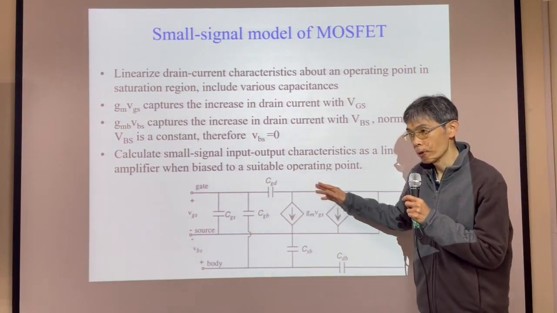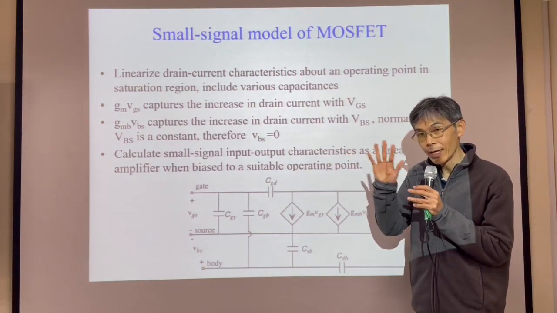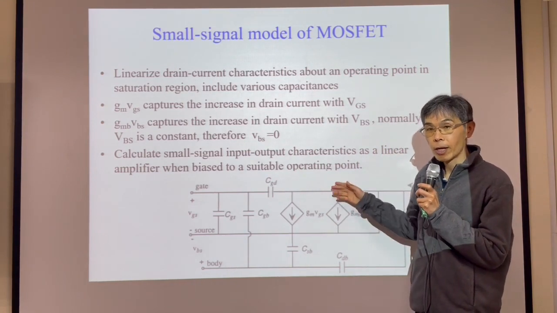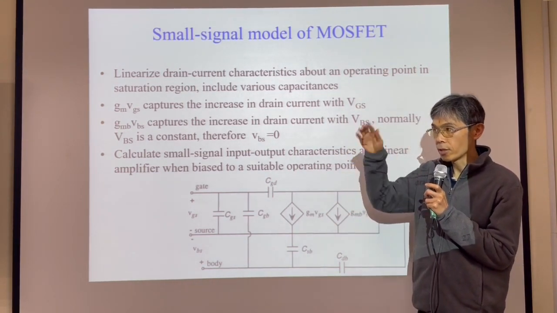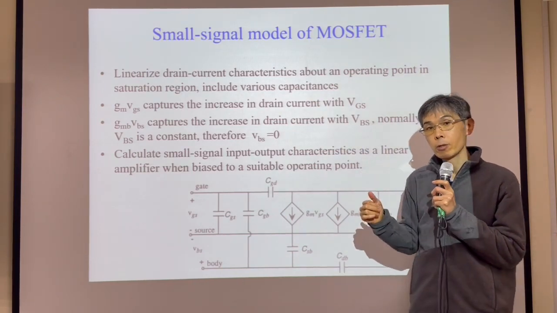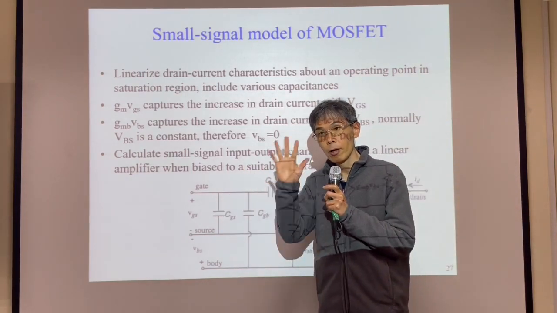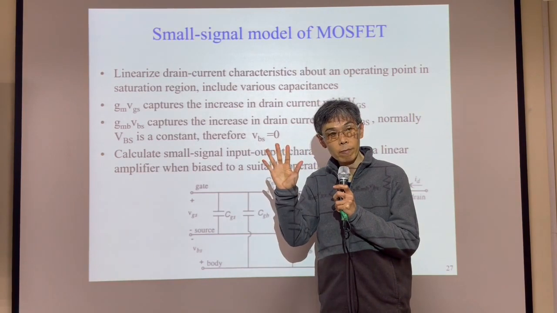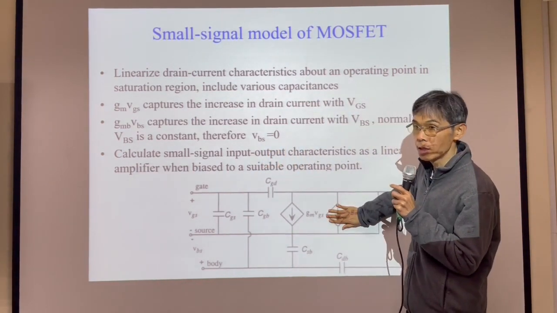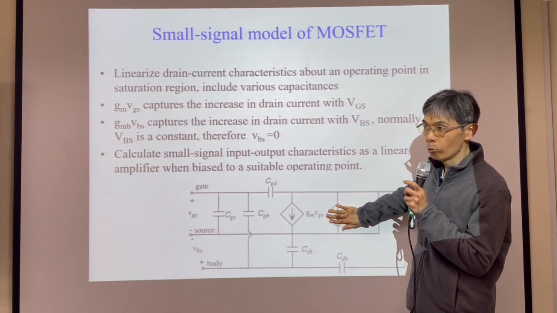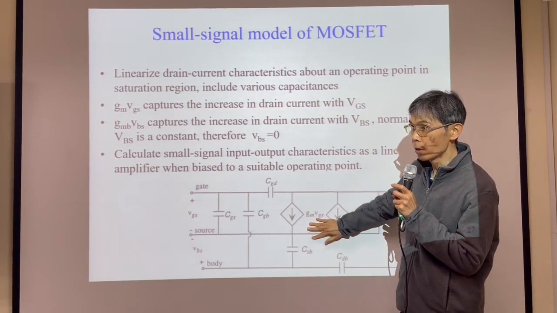All the models, we don't need exact models. We use the model to understand the circuit behavior, so these models do not need to be very accurate. Sometimes, without considering this, we will still understand the system behavior.